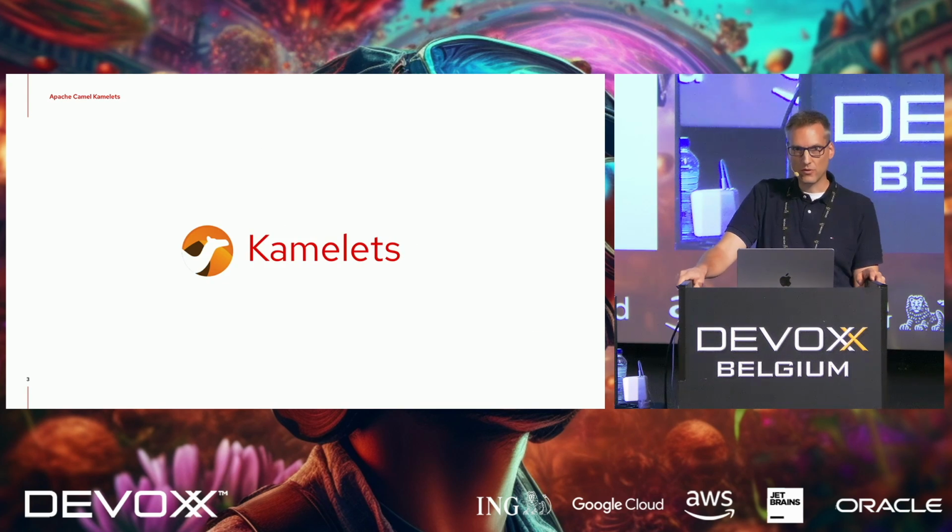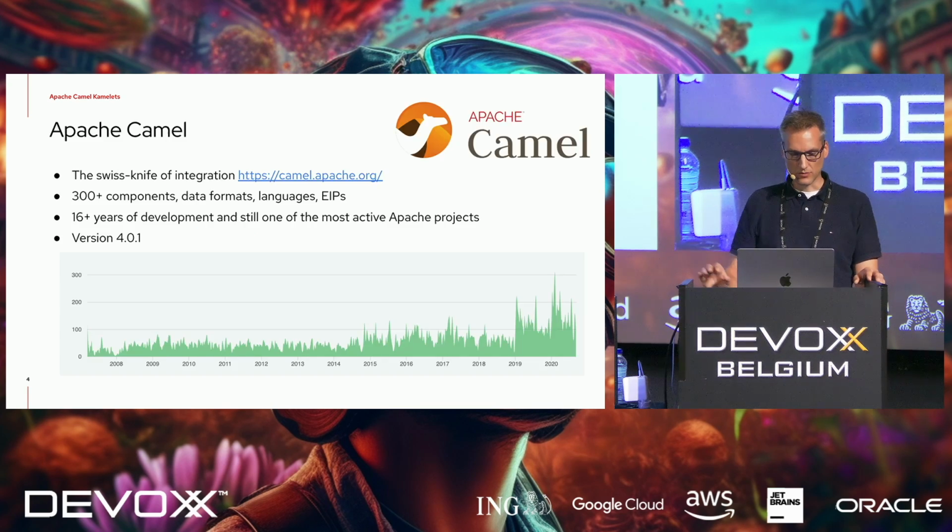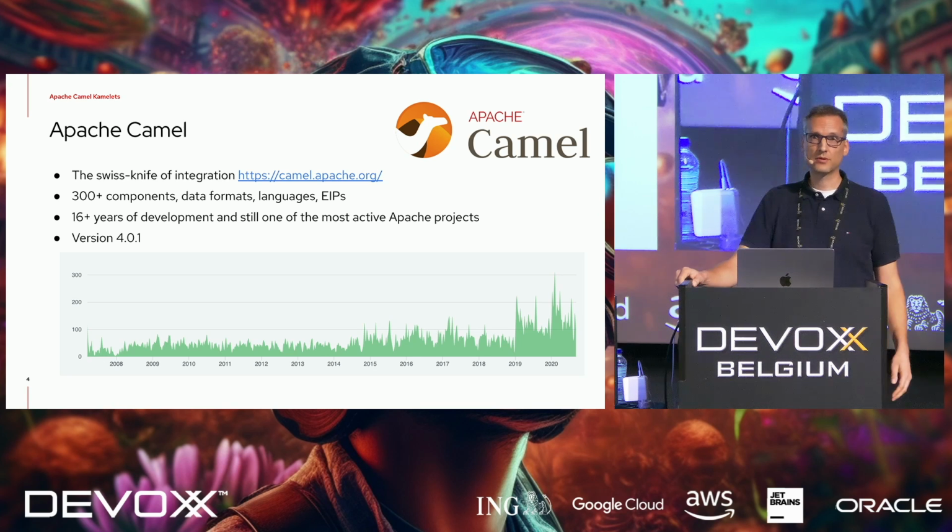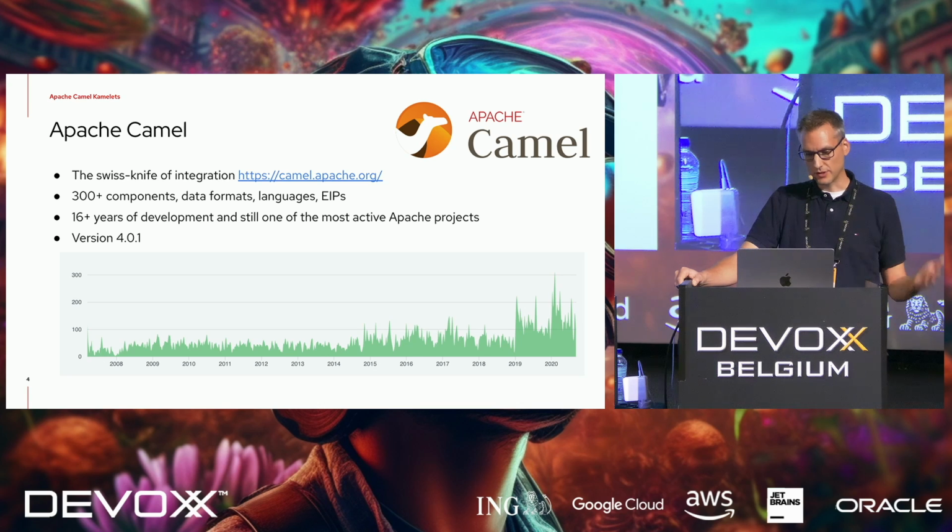So before we start to learn about Camelets, we need to explore a bit where this is actually coming from. Camelets are a part of the Apache Camel software project. This is an open source project and widely known as the Swiss knife of integration.